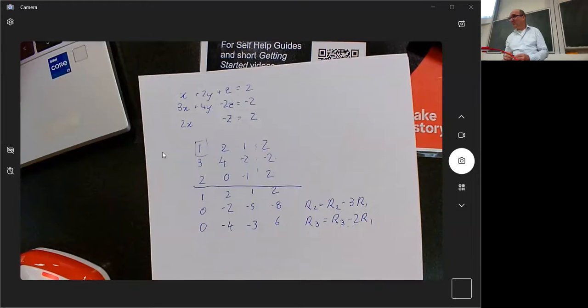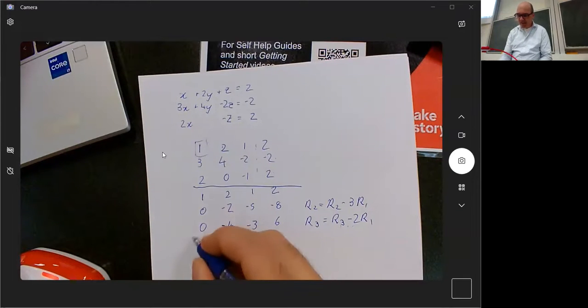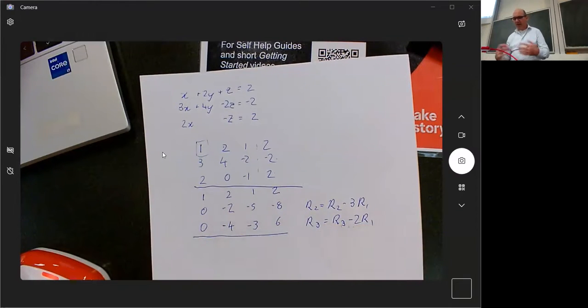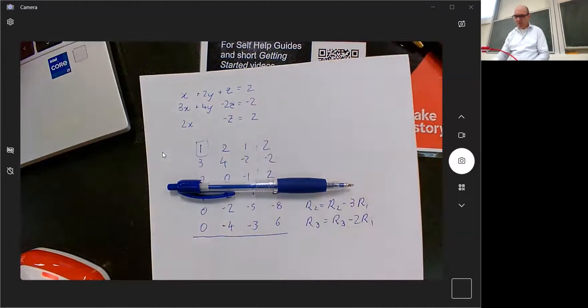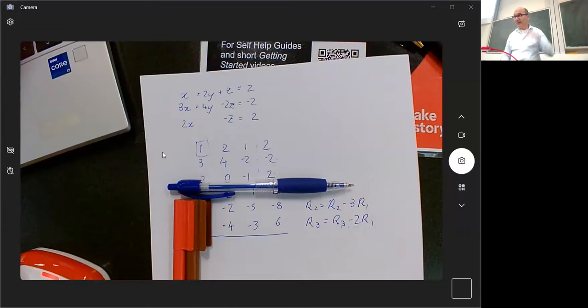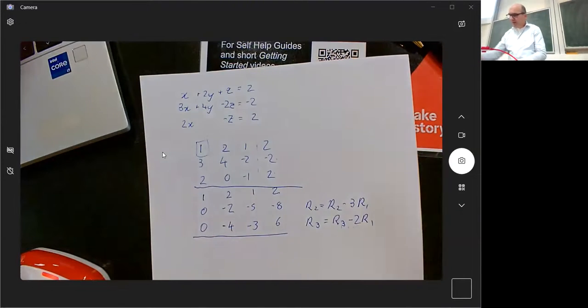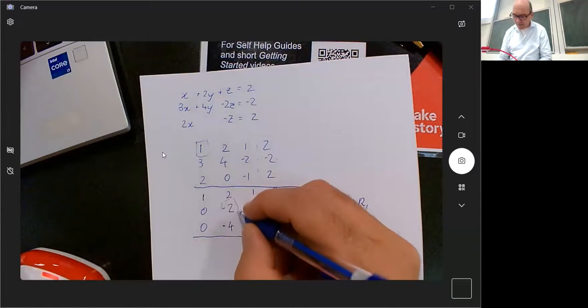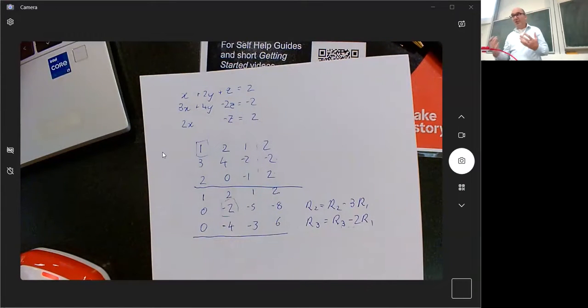All right. So this next stage, what I'm going to do is ignore the row and the column that I've already done, and pretend I've got a smaller system. And I'm going to repeat the process. So this would be my element that I'm focusing on. It's not 1.